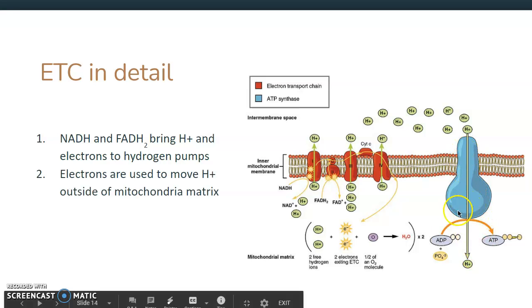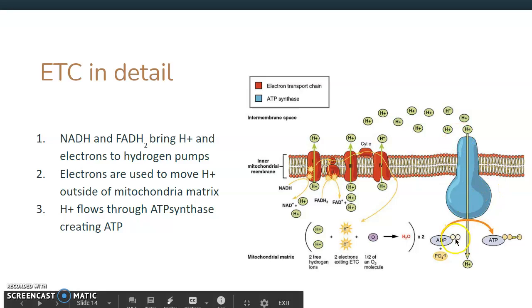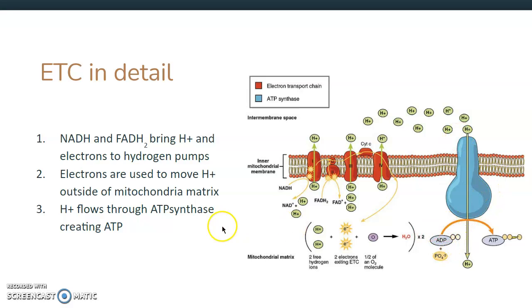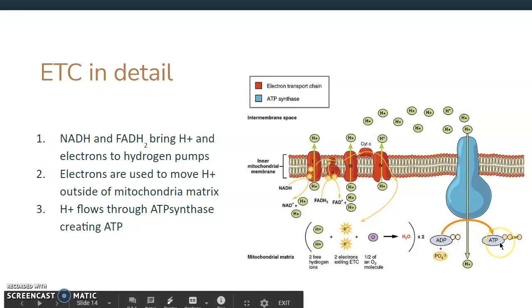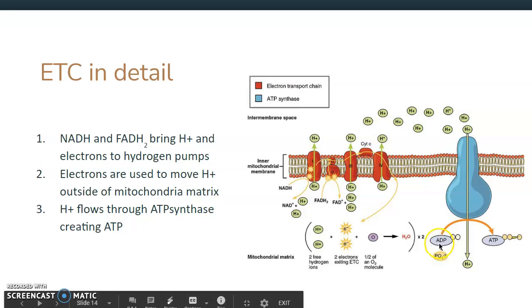this enzyme called ATP synthase. Our electrons are used to help move this H plus in, then they flow back through ATP synthase, and ATP synthase will take ADP and create ATP.